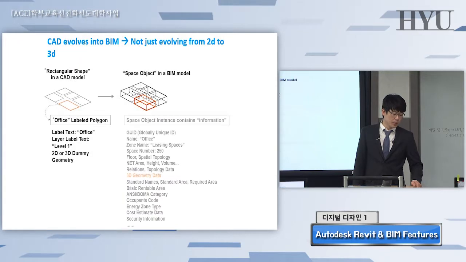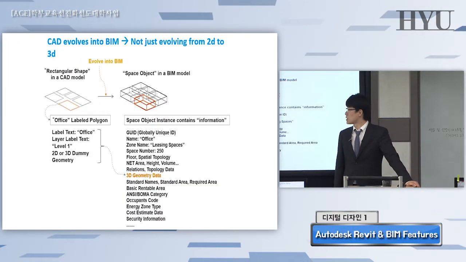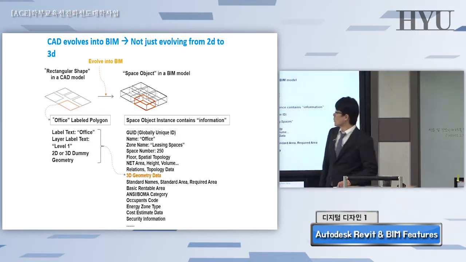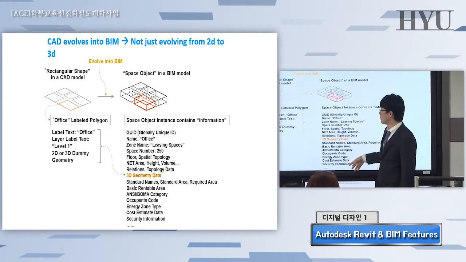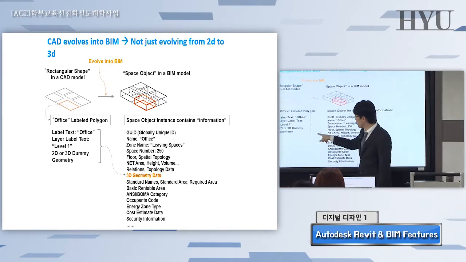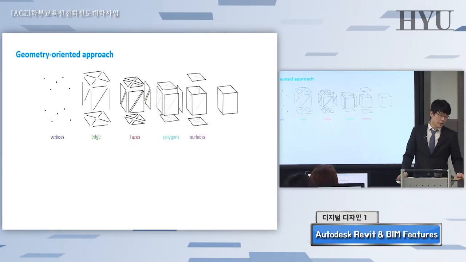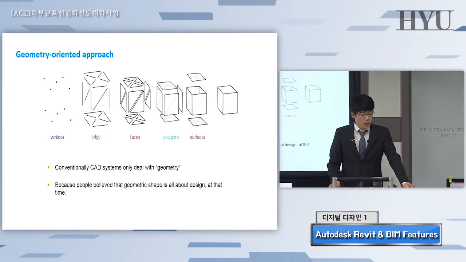So this is the difference between CAD and the 3D BIM approach in terms of geometric shape and its associated information. Geometric shape is just one part of building design information. That's the point. And this is the conventional geometry-based approach.